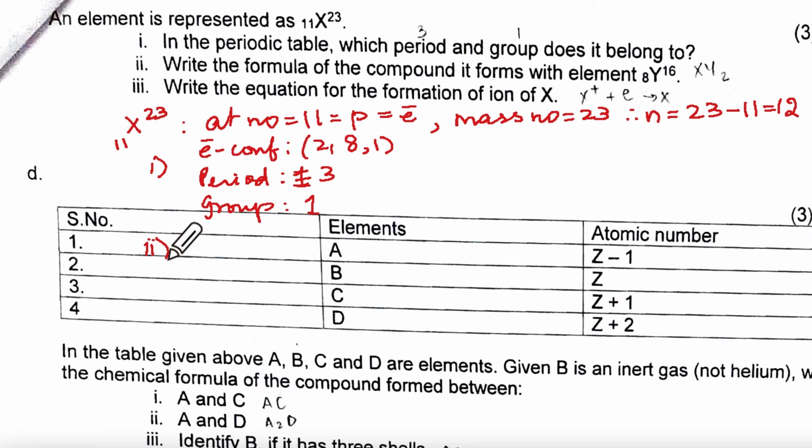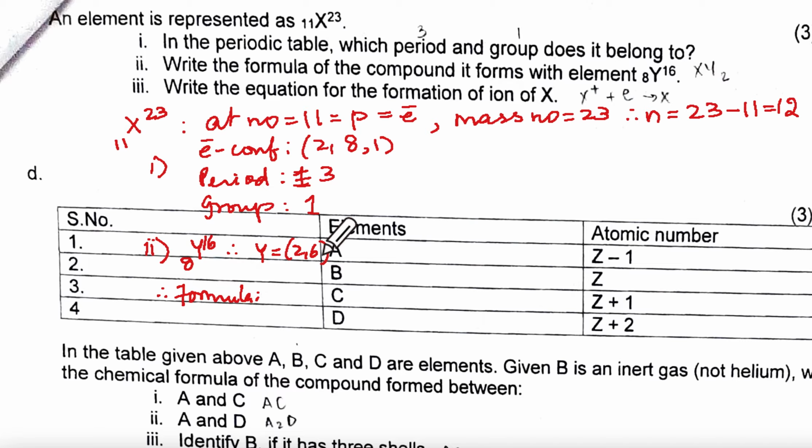Then the second answer. Formula of the compound between this. So Y is 8 and 16. Correct? Therefore, what is Y equal to 2, 6? Correct? Means it is oxygen, no? What is 2, 6? Isn't it oxygen? So you'll say therefore it forms, therefore what is the formula?